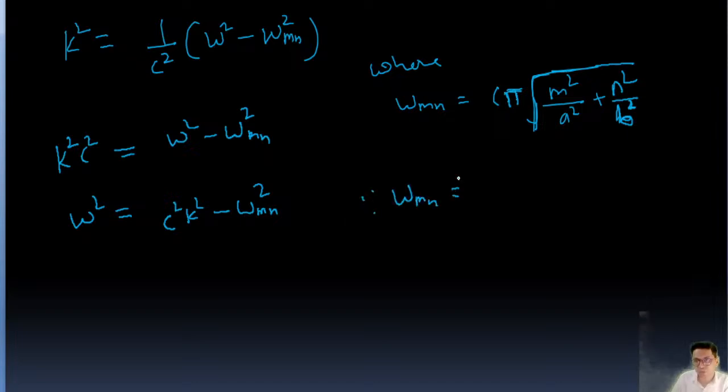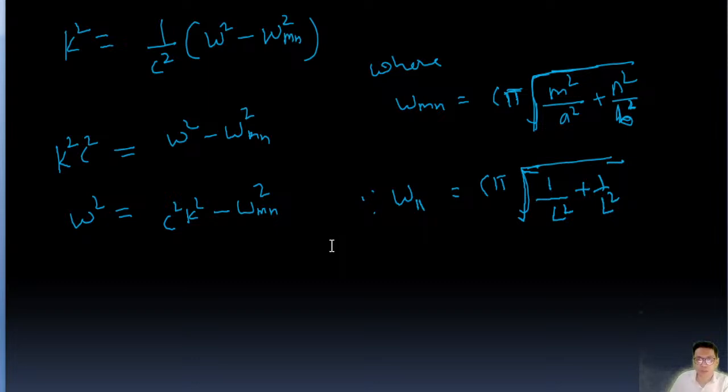Omega mn is going to be c pi root, m value is given, right? So m is 1, omega 1 1. So we'll find omega 1 1, because we have to find the group velocity for TE11. That's why we are finding omega 1 1.